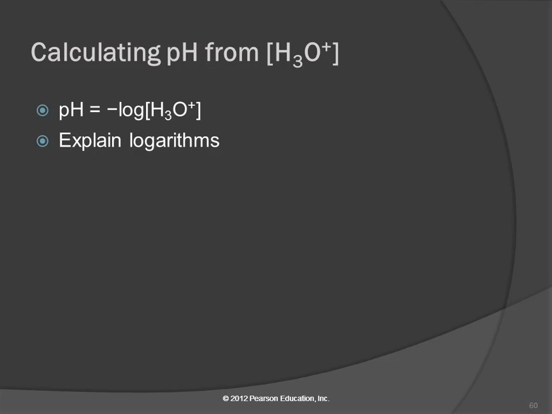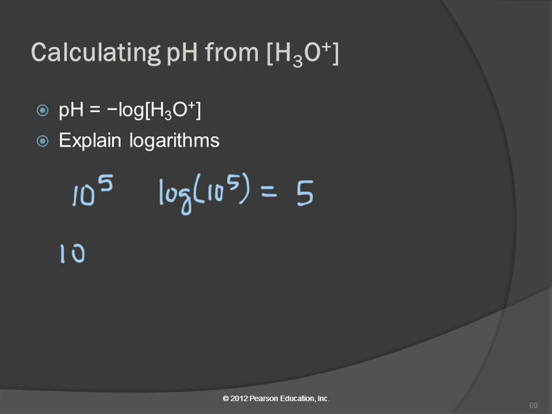Well, I kind of did, but let's just explain a little bit more. So if we have a number like 10 to the 5, the log of 10 to the 5th is 5. When we're dealing with numbers like 100, 1,000, a million, it's very easy to see what the log is.